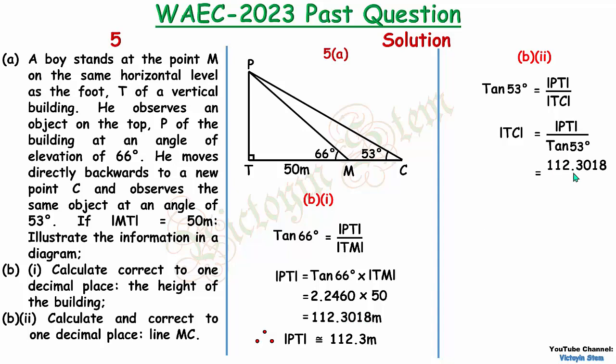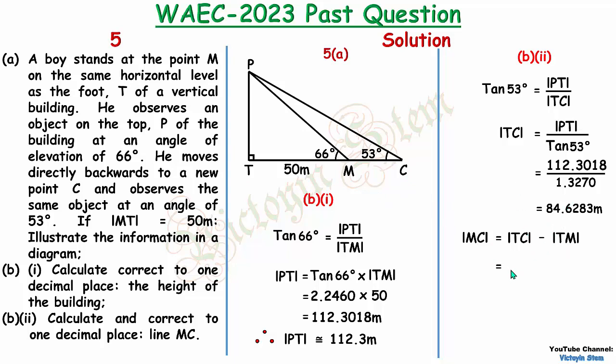So I have 112.3018 divided by tan 53, which is 1.3270. The ratio of this fraction boils down to 84.6283. Now MC, which is the distance from M to C, will be equal to the length of TC minus the length of MT or TM.